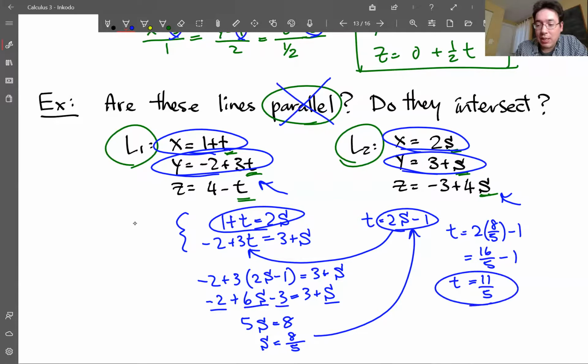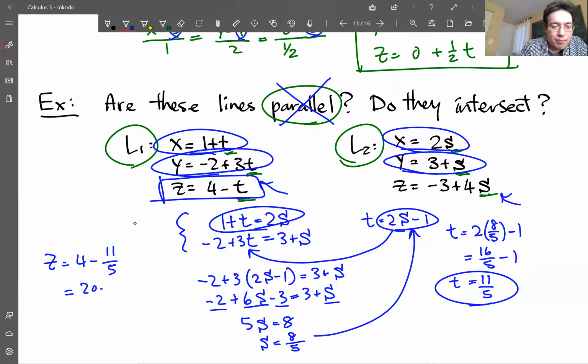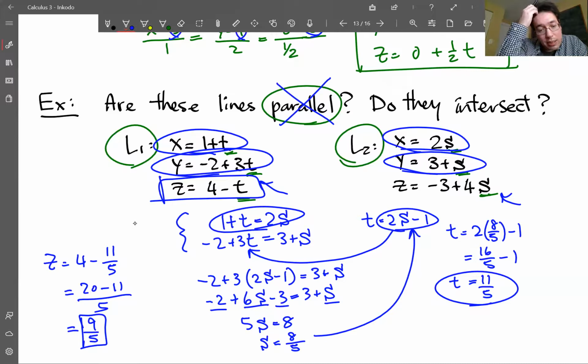If I plug 11/5 into the z coordinate of the first line, getting a common denominator, when the x and y coordinates are equal, the z coordinate is 9/5.